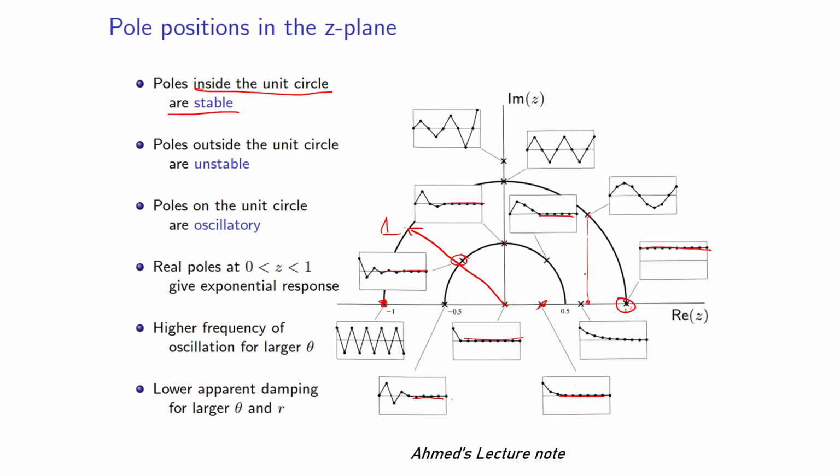Because the real part represents the amplitude of the complex number, and because this one is not inside the circle but on the circle, it is an oscillation. Yeah, it oscillates like this, at a constant value of amplitude.